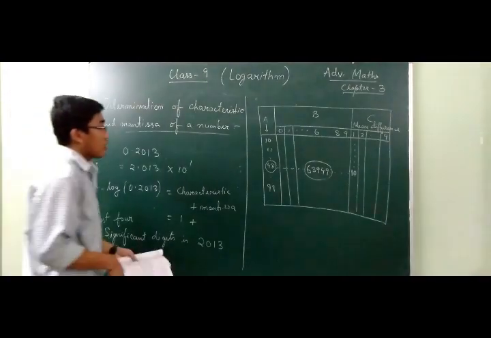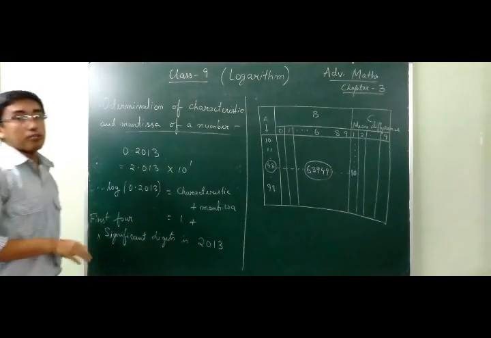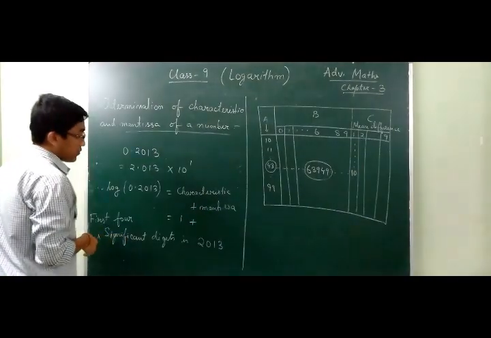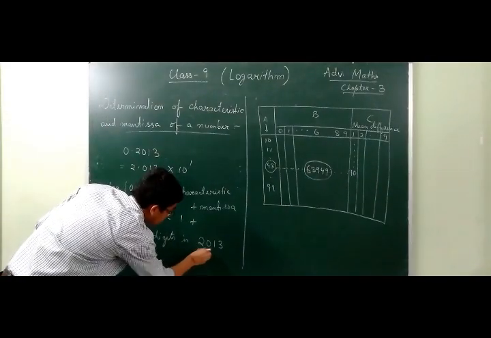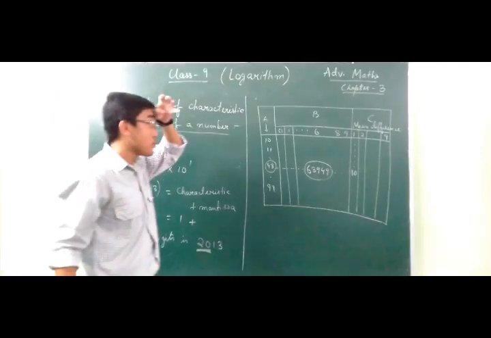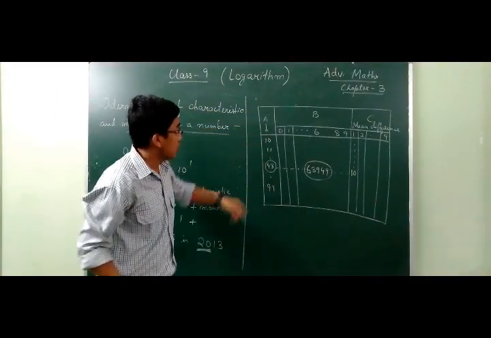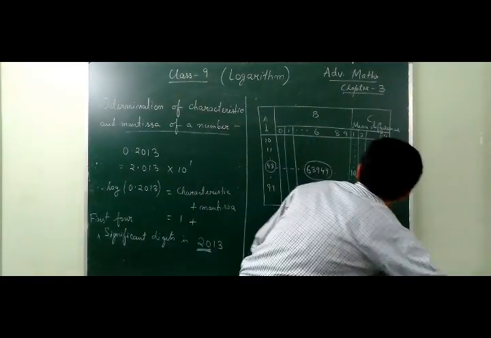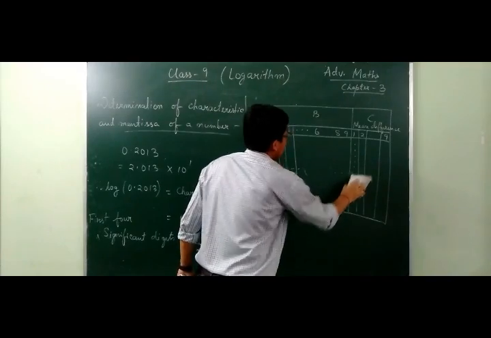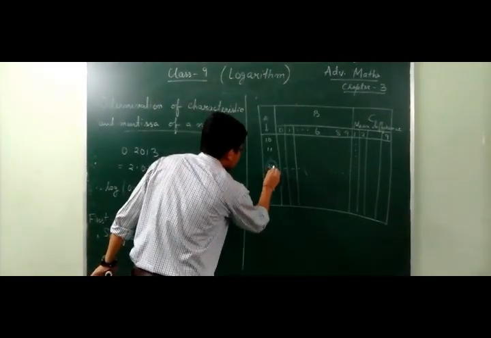Now to find the mantissa, we again take the help of this log table. From the log table, the first 2 digits, you check, this is 20. In the first column, 10, 11, 12, 13. This is for the previous problem, so I will remove this. At 20 you stop.